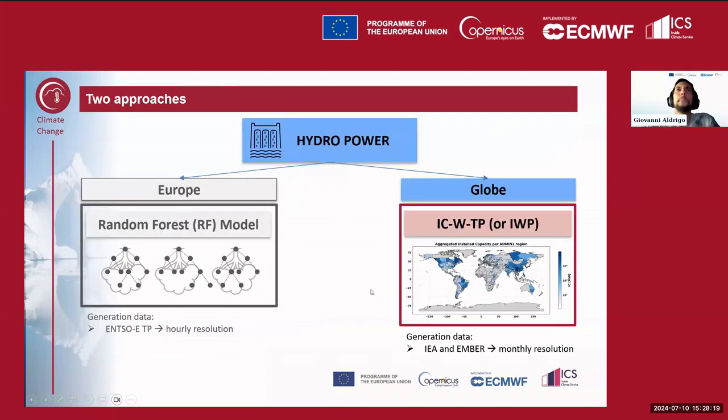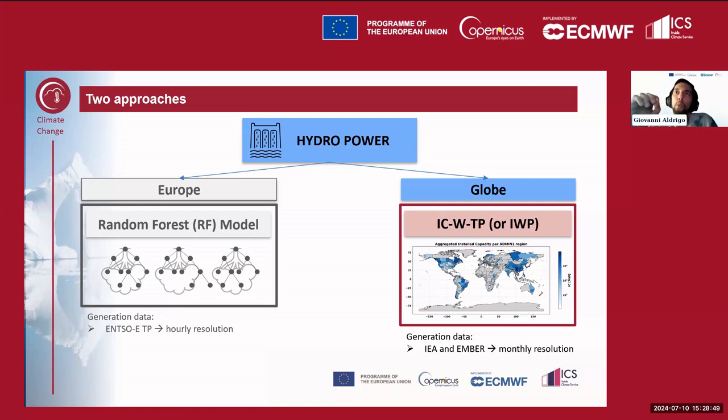So, okay, passing now to the global approach. As I said, in this case, we're using this proxy for hydropower, which is the installed capacity weighted precipitation. And we're using this mainly because of the lack of high resolution data, but we'll see, we're working on that a bit later.